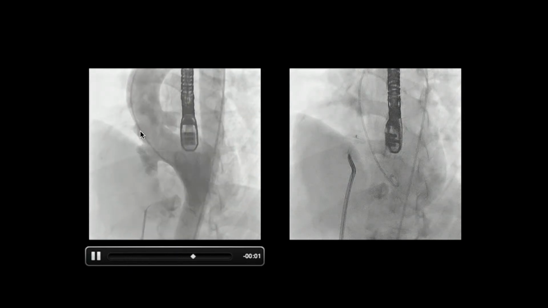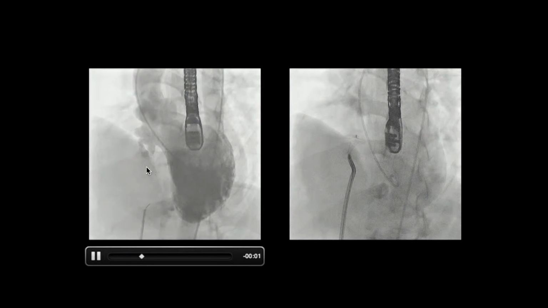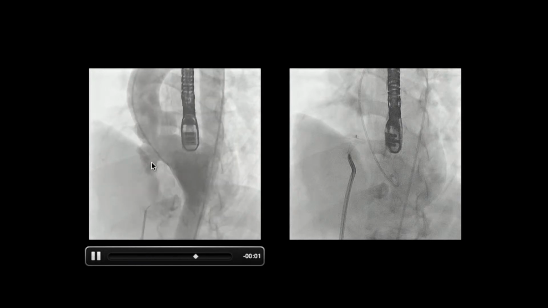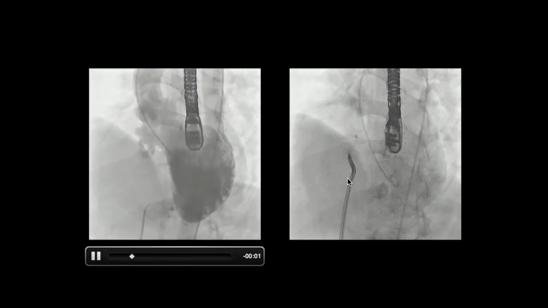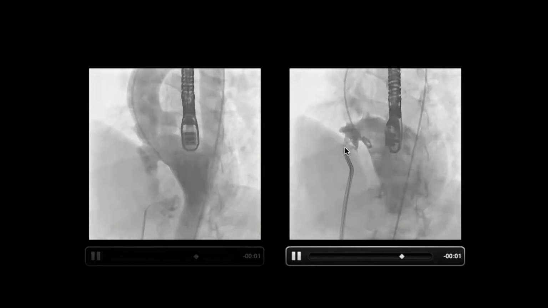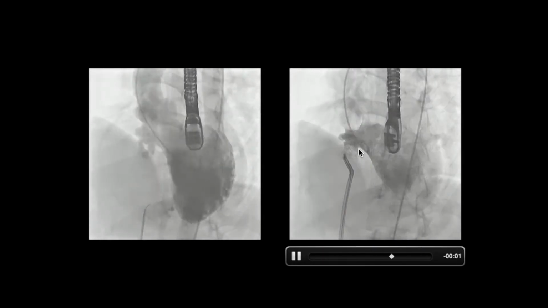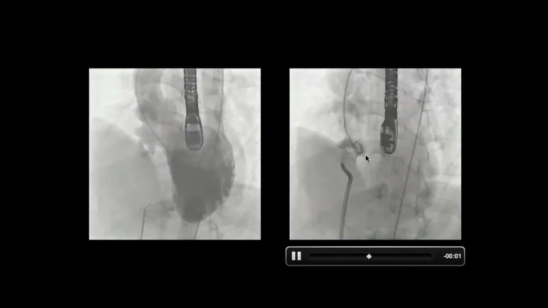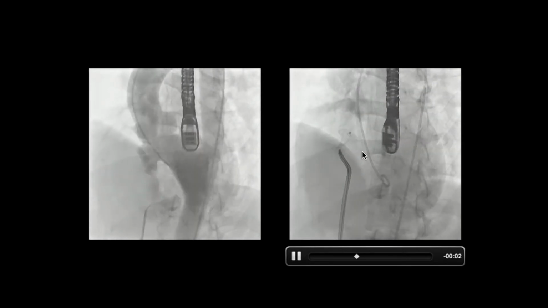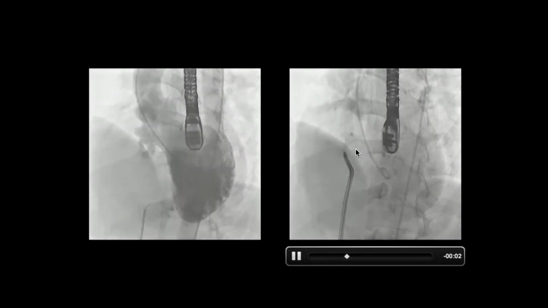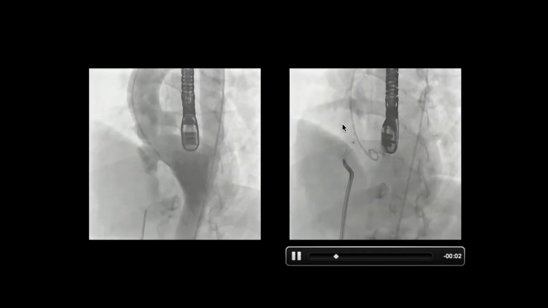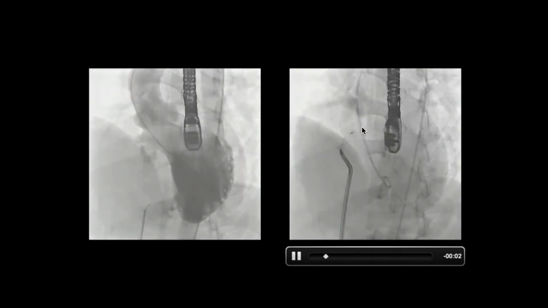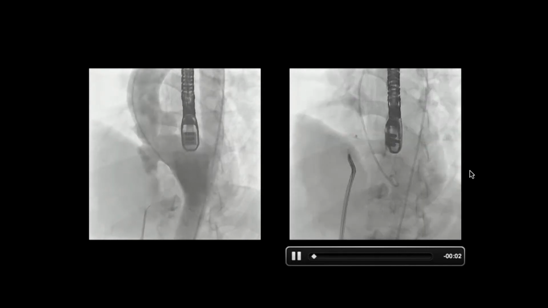The LV side has a very large hole, but on the right ventricular side, there are small multiple holes. When we use the Cocoon device like this, the device is inside the aneurysm, so we do not have to worry about a complete AV block because his bundle is here, no trauma at all, and the device is far away from the aortic right coronary cusp.